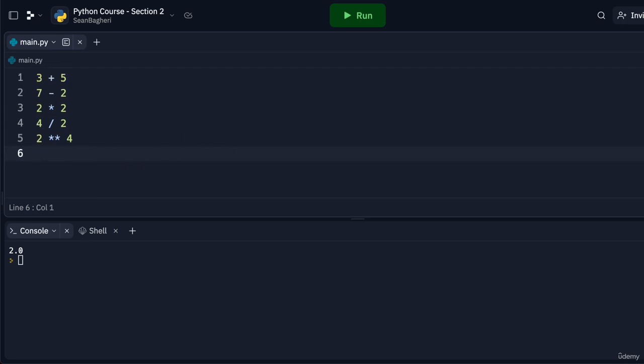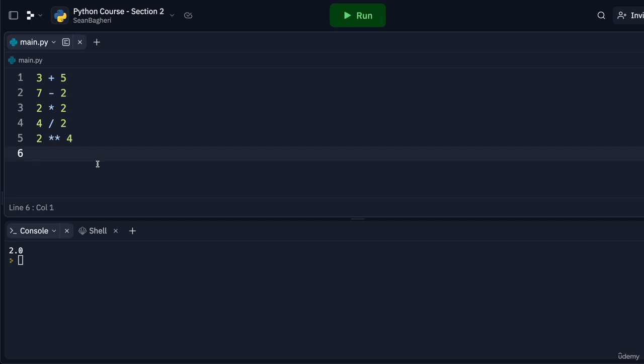So for example, we got a lot of different mathematical operators. We got the plus, minus, multiplication. We got the division, right, and we got the power, right? So one of the things you want to remember, especially when you're calculating something mathematically, is the order of operations, meaning which operations are going to be done first.